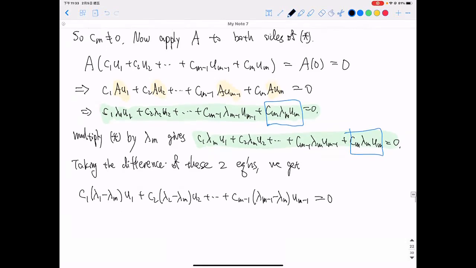Very good. And now what are we doing? Because we've assumed that the eigenvalues are all distinct, these numbers, these differences between two eigenvalues, are not zero. None of them is zero.